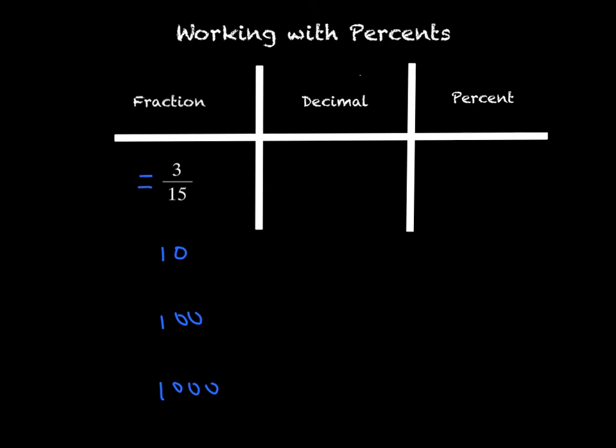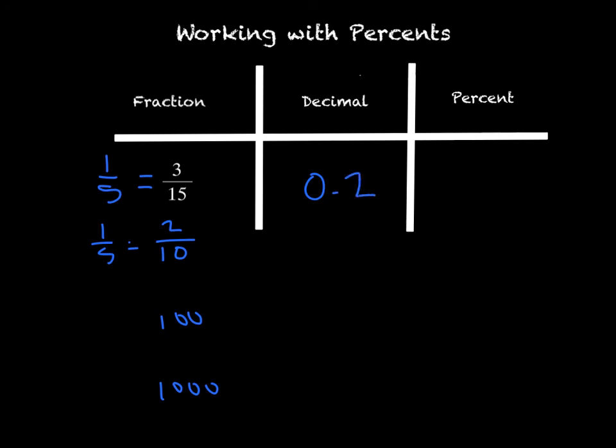So in this case, what I would do is simplify. I would divide by 3, and I would get 1/5. Well, 1/5 is pretty easy to make out of 10. I just do times 2 and I get 2/10. Well, now if I have 2/10, that's pretty easy to write as a decimal. It's just the same number, 0.2.